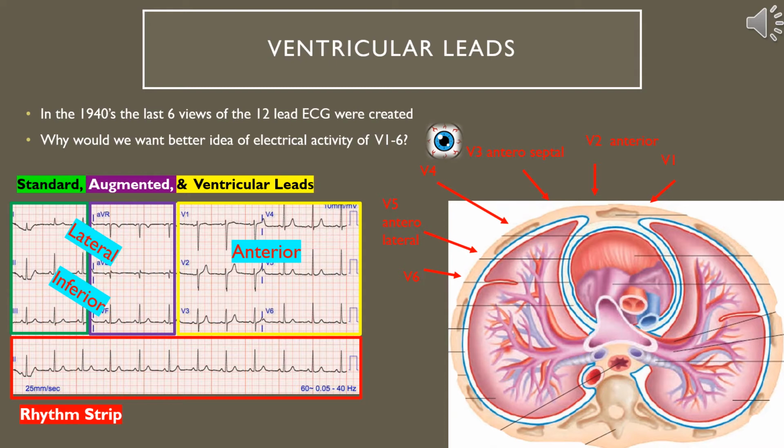If you think about it, the ventricular leads make sense to be anterior because it's right on your anterior chest wall. So this is kind of what you're looking at, the anterior, lateral, and inferior when you're looking at your EKG. So having a good idea as far as what part of the heart you're looking at based upon what side of the EKG you're reading is very helpful.